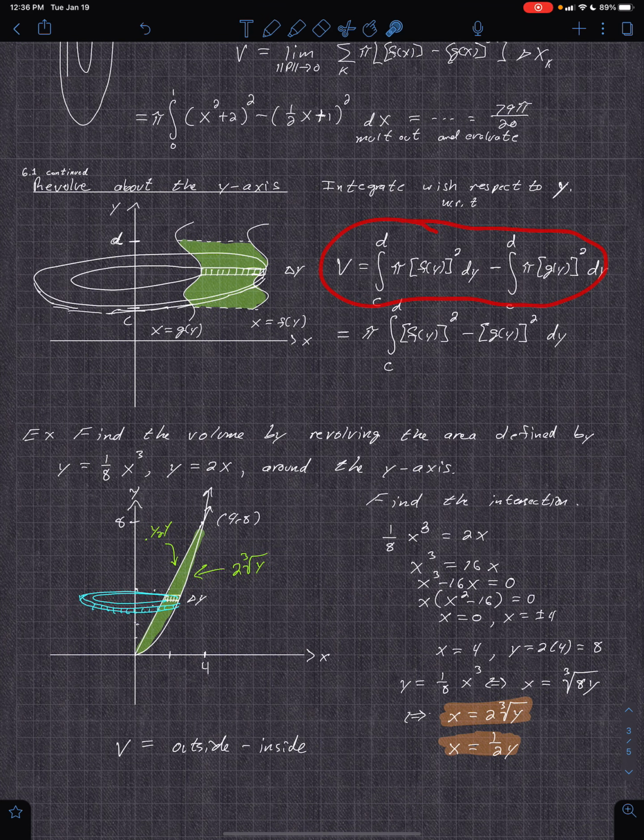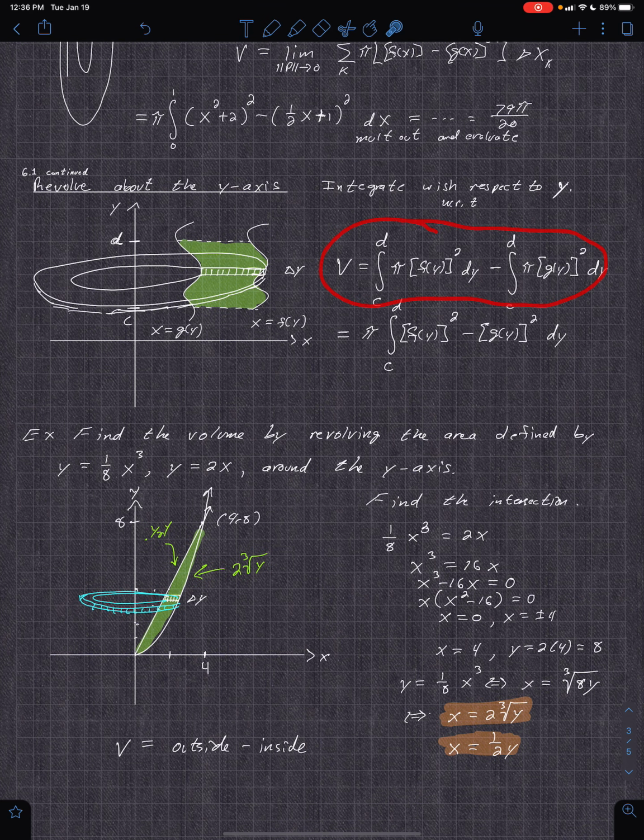So you're going from down here, which is 0, to up here, which is 8. So that's your c to d. So 0 to 8, and then it's pi outside squared. The outside radius is the 2 cube root of y, squared, and then your dy.